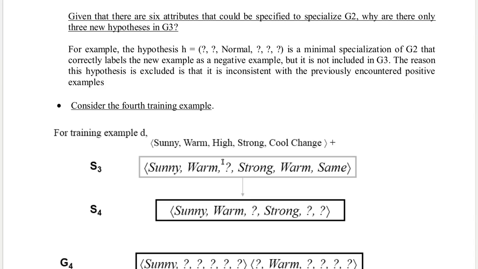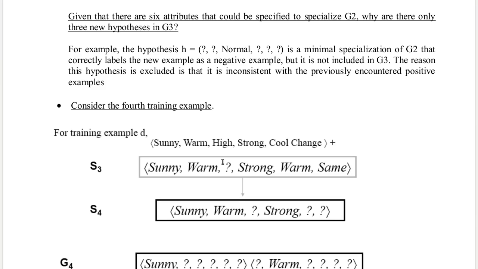If we look at the specific hypothesis in this case, it is telling that if any value is there for the third attribute, then it will be a positive example. So if I make normal a condition for the positive example, then it is inconsistent with the previous positive hypothesis. So we will not consider such a hypothesis.